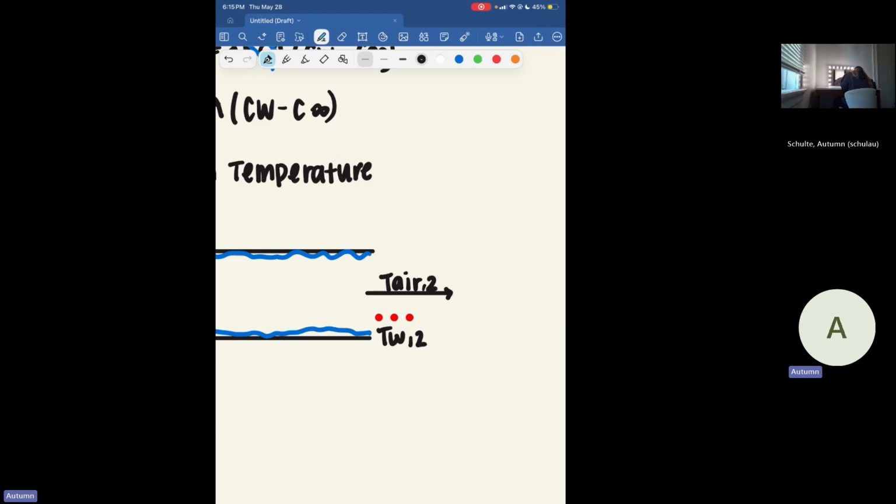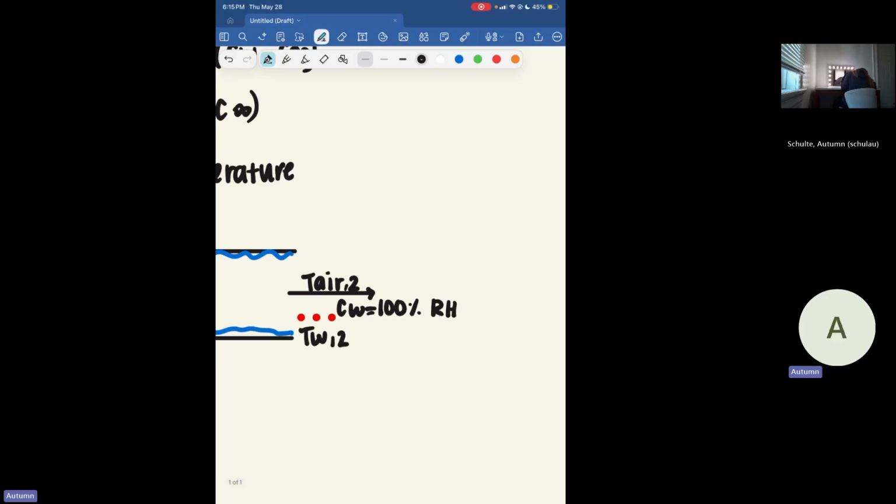So the temperature of the air that's leaving has a concentration of water equal to 100%. And the relative humidity, which we'll put as RH, is also 100%. So it's fully saturated. And that is why we can say that the temperature of the air coming out is equal to the temperature of the water coming out.